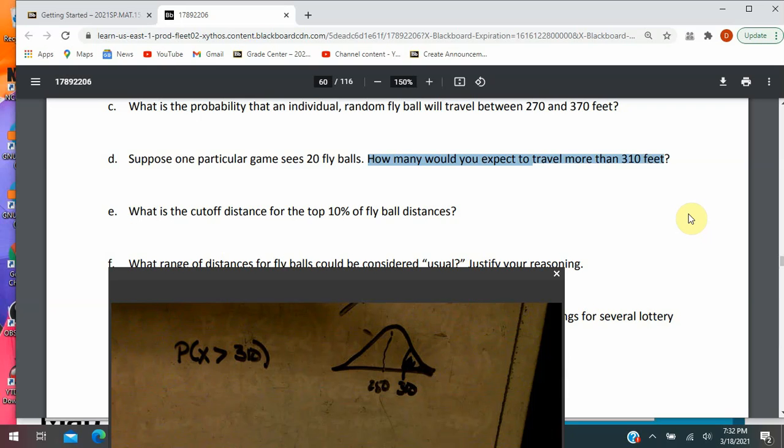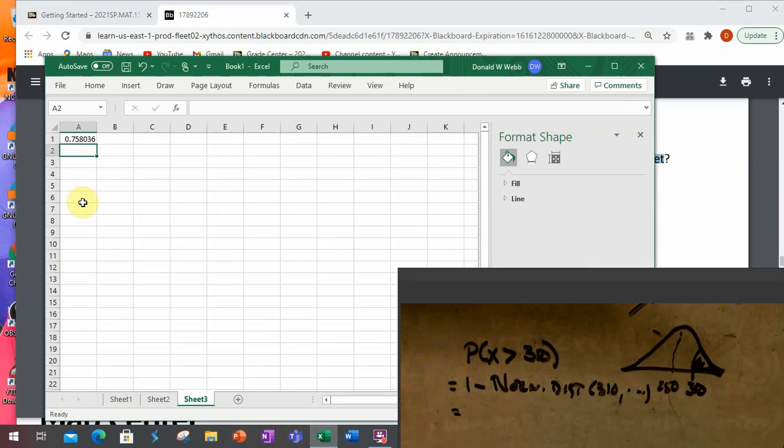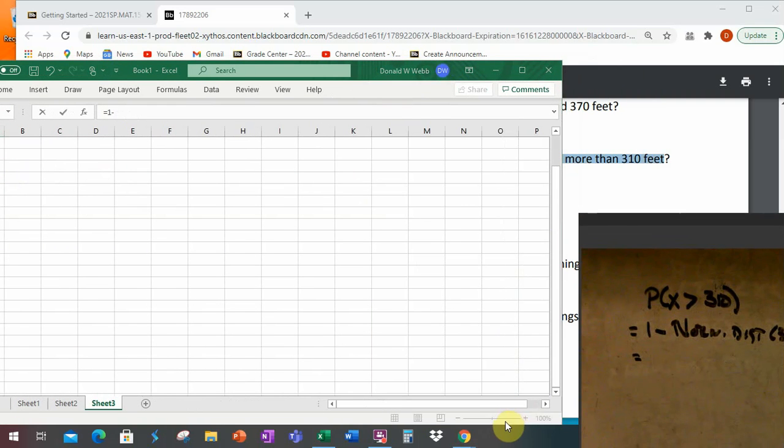So that's what we're looking for, and this has got to be 1 minus norm.dist, 310, the mean, standard deviation. Let me open this up for you just a little bit.